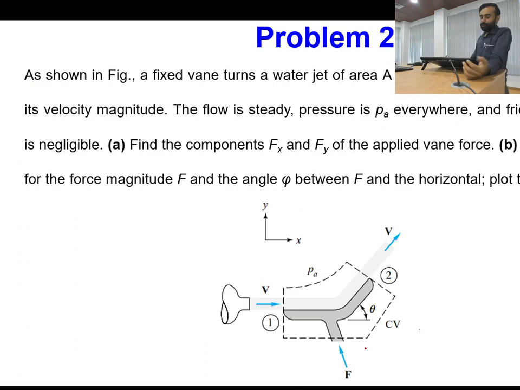Okay, problem number 2. Some figure is given, and as per this figure we have a fixed vane. This vane is fixed in space, and a water jet of area A is turned by the vane through an angle theta.